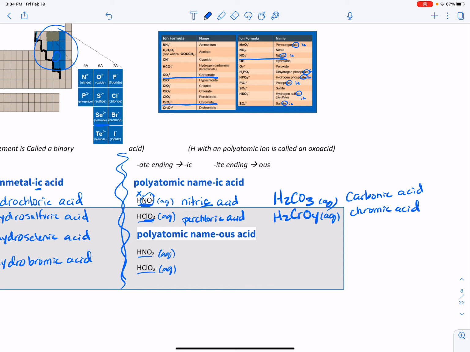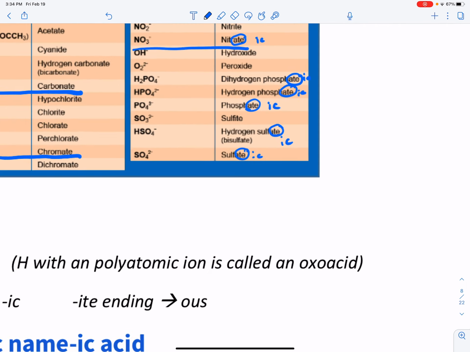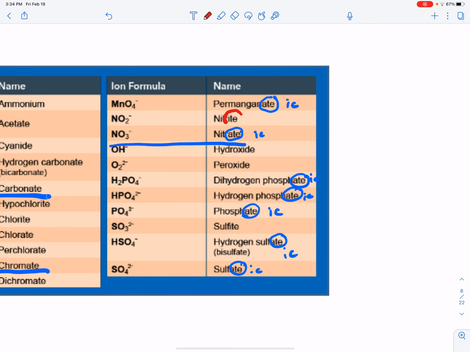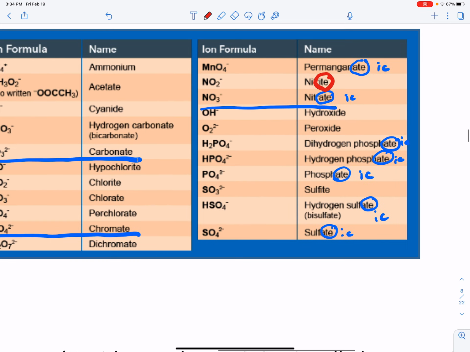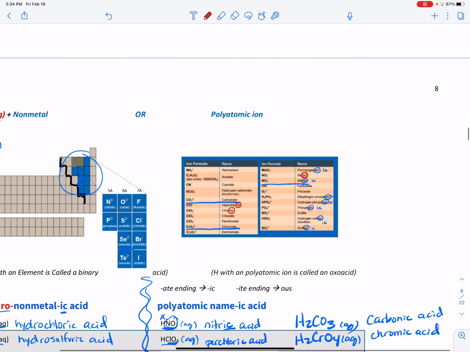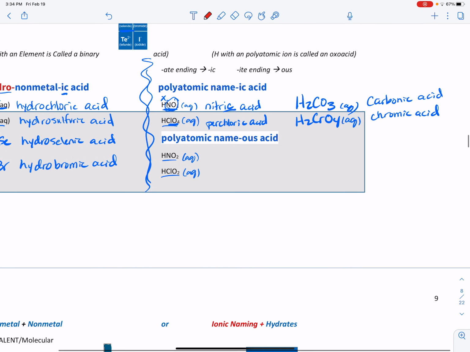Now let's get to the other ones, HNO2 and HClO2. So these ones end in ite. Find another ite. There are more ites out there. Here's another one, ite. So the ites become ous.